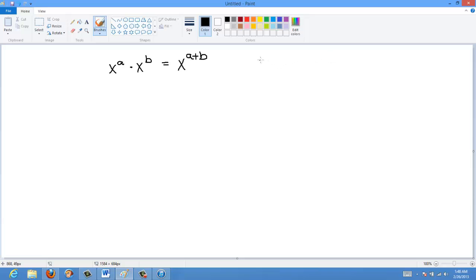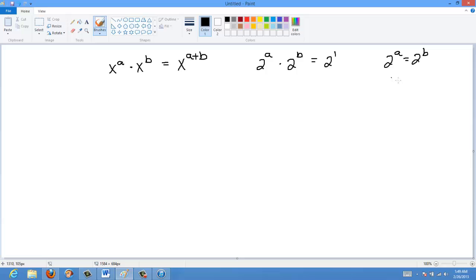So I'm going to have 2 to the something, 2 to the a, times 2 to the b, and that's going to be equal to 2 to the 1, or just 2. Okay, and what I know though is that 2 to the a must be equal to 2 to the b because I want them to be both the same thing.